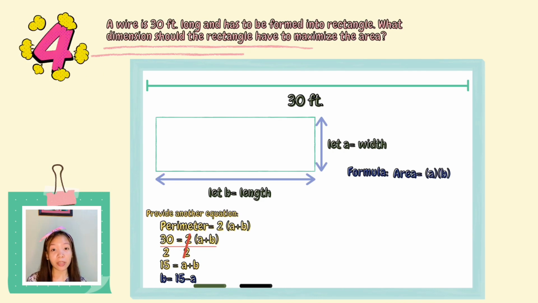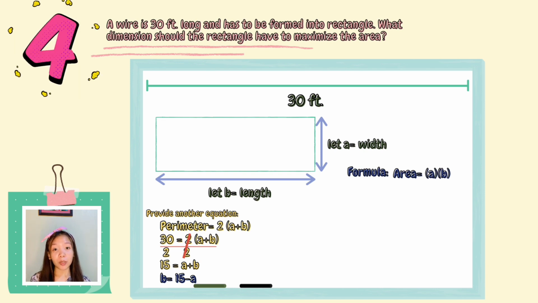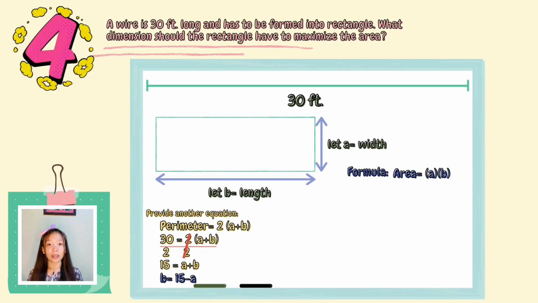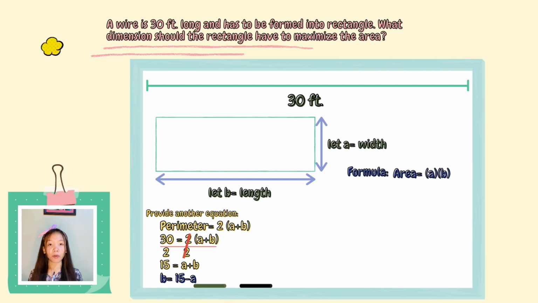The 30 feet long wire represents the perimeter of our rectangle. The formula of our perimeter is equal to 2 times length plus width. Therefore, we substitute the value of perimeter, which is the value of our wire, that is 30 feet long, equals to 2 times A plus B.